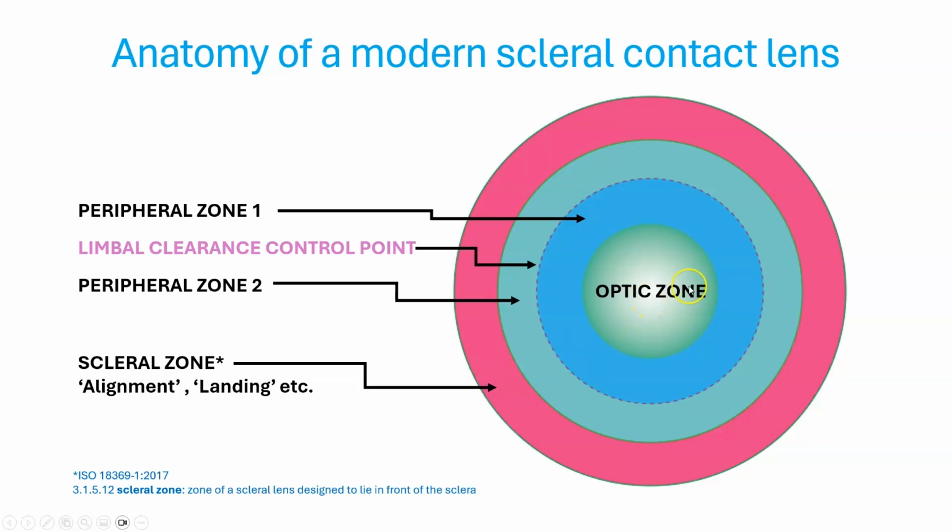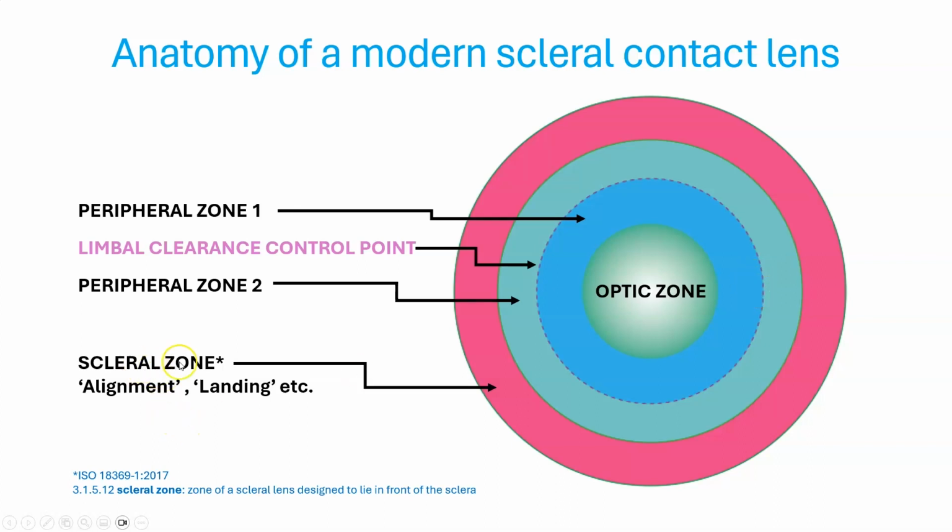And strangely, you will find lenses and trial sets where there is just a single peripheral zone, and in such a case, if you wish to adjust the limbal clearance, you will also frequently have to adjust the dimensions of the optic zone. Now that would be something that I absolutely would not wish to do. So the basic layout of a standard scleral lens should be at least this, in my view.